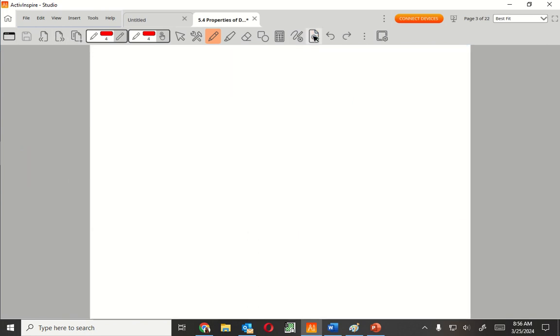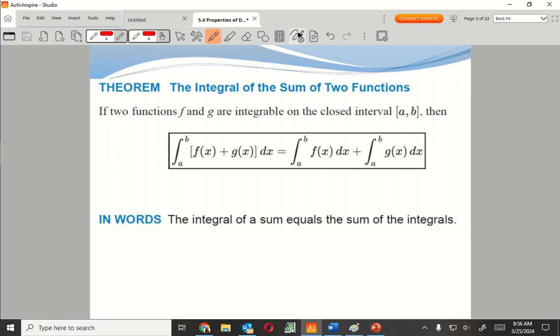No. Where's my undo? There we go. Okay. So if I have two things like this, I'm just going to integrate each one individually because sometimes I need to do that because my integration is going to change. Remember when we were talking about that sine wave?